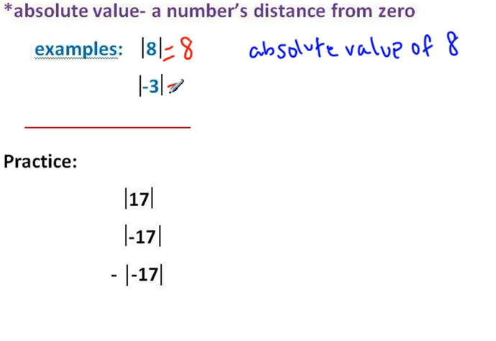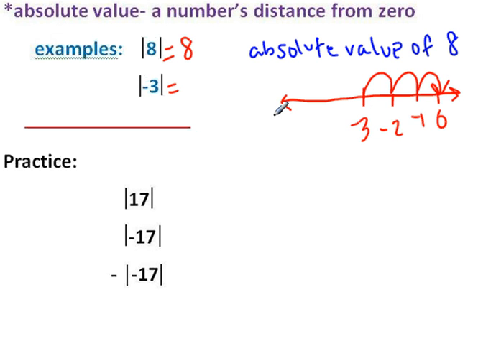And here is the absolute value of -3. How far away is -3 from 0? Well, here's -3. 1, 2, 3. It is 3 spaces away from 0. What I hope that you've noticed is that these answers are positive.